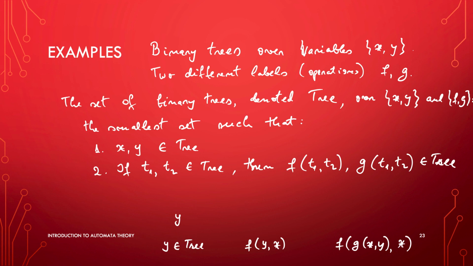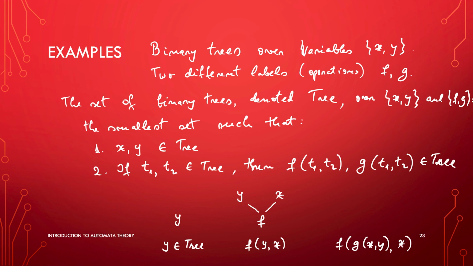And in the case of this tree, what I'm going to show is, first of all, this tree is obtained by applying f. So I'm writing f, and I'm showing with two lines the inputs that this operator f is applied to. And here I'm going to write y, standing for the first input of f, and here I'm going to write x, standing for the other input of f.